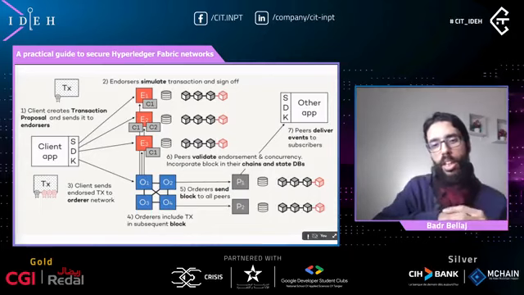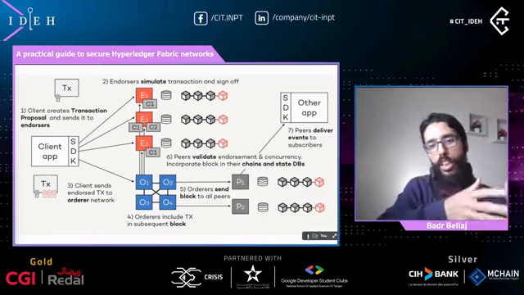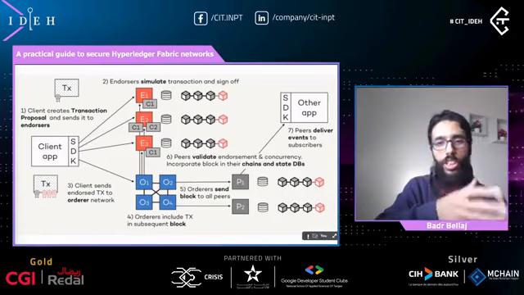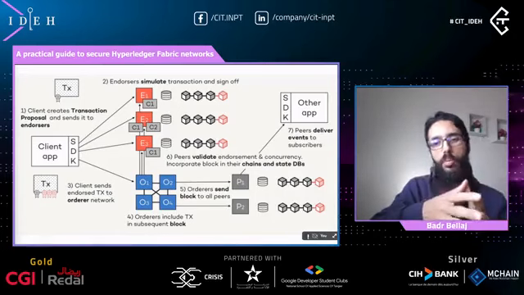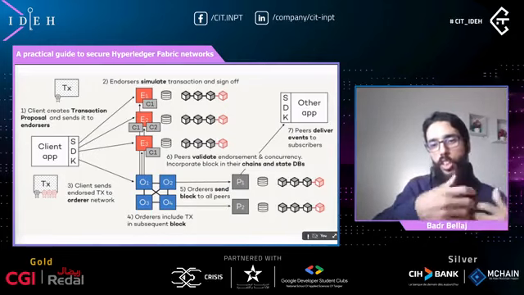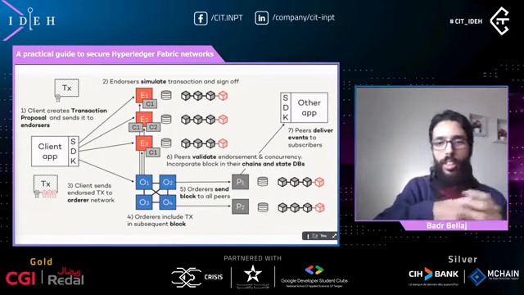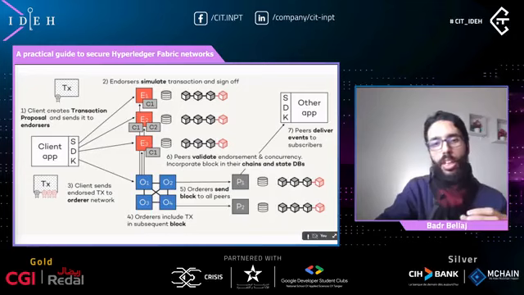For instance, we always start from the application side. An application initiates, for example, a transaction proposal which is sent to the endorsing peers, as shown in this diagram. Second, these endorsers simulate or execute the smart contract or the chaincode and give back their approval or endorsement.